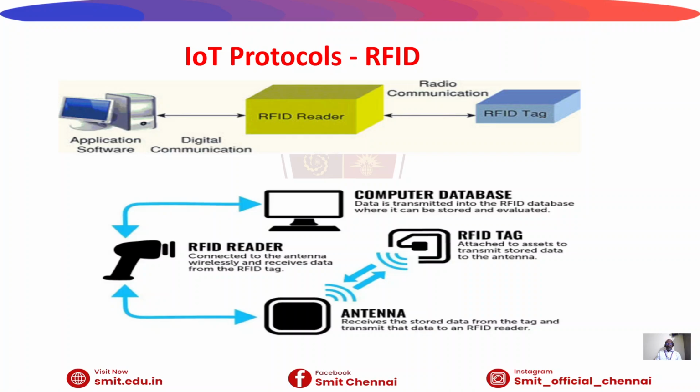It will be clearer if you see the picture. In the first top picture, on the right-hand side is the RFID tag, that is, the object that you're going to buy from the shop, and the RFID reader is in the middle, which consists of two things: one is the scanning antenna, and it also has its own reader.